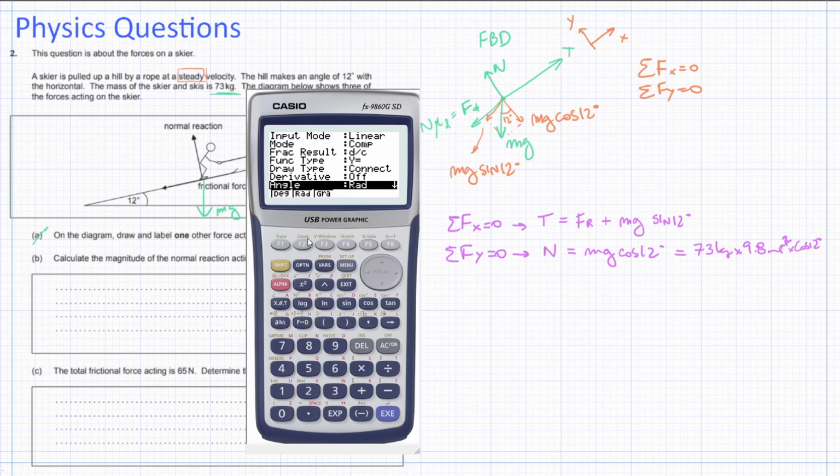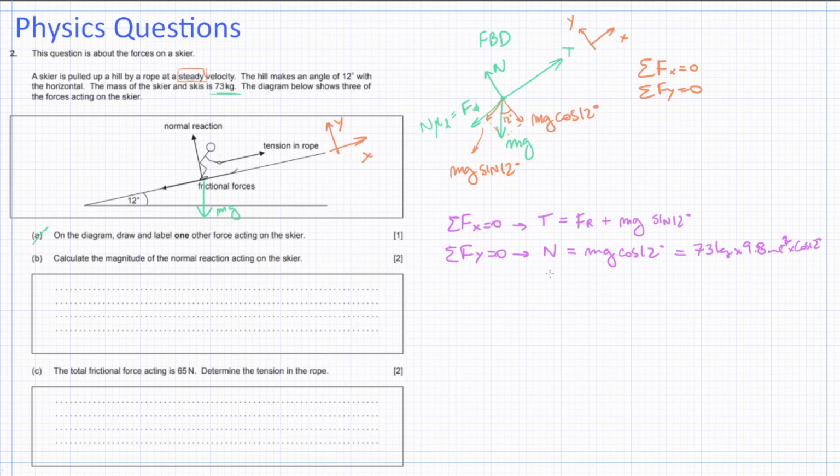So see, it's in radians, we have to check that it's in degrees, then execute, then cosine of 12. And that gives us, well, if we round this to 3 significant figures, that's going to be 700. So the normal force is about 700 newtons.